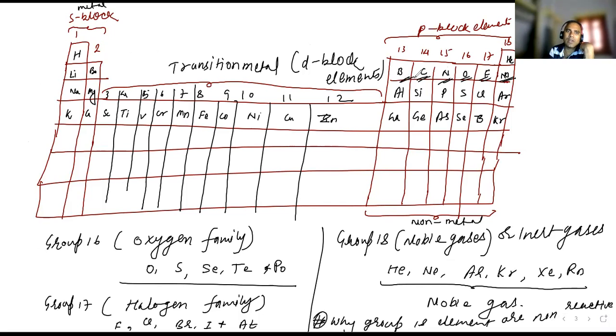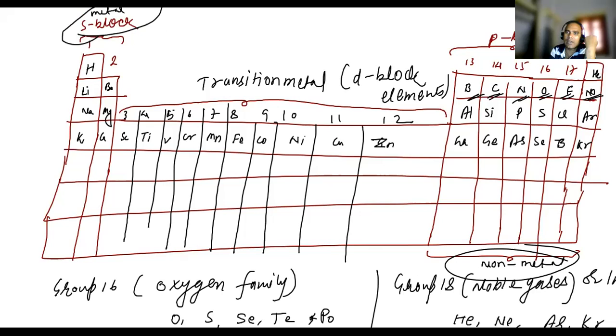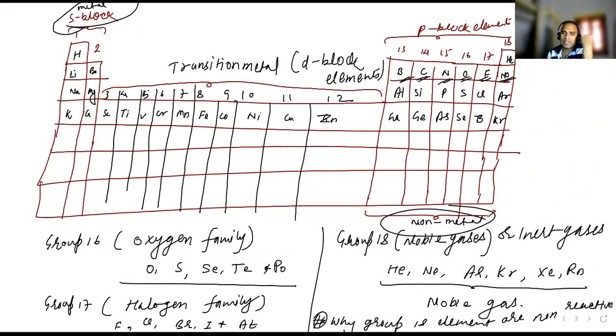Boron is a metalloid. So these are the non-metals, and here is the metal. Between metal and non-metal, they have the property. Transition metal has properties between metal and non-metal. So they work as a transition between the S and P block elements, so they are known as transition metals.